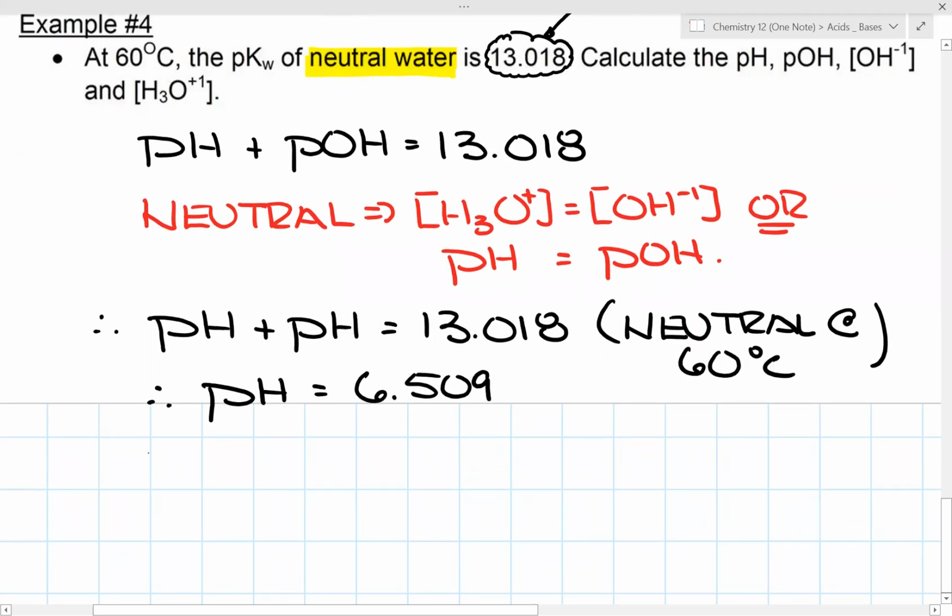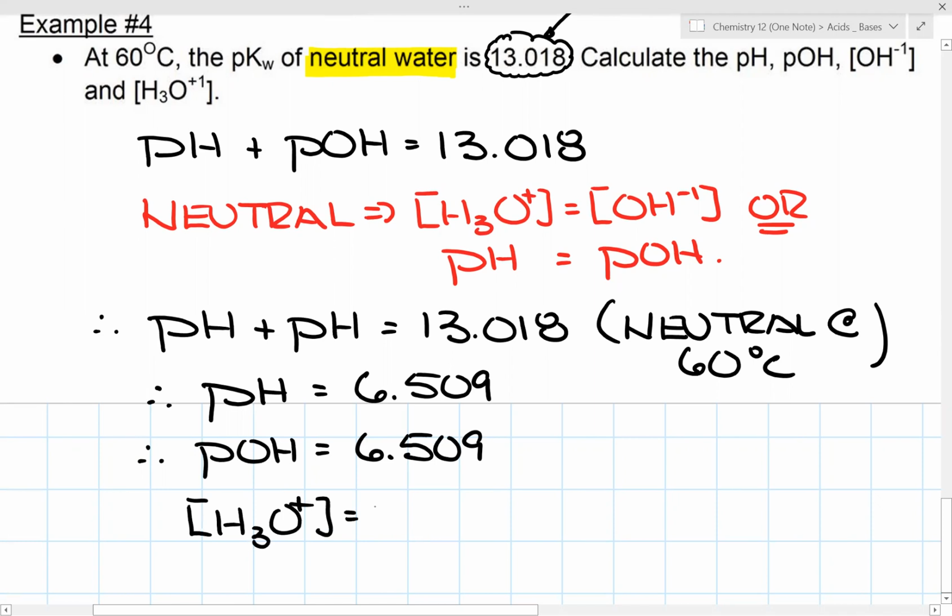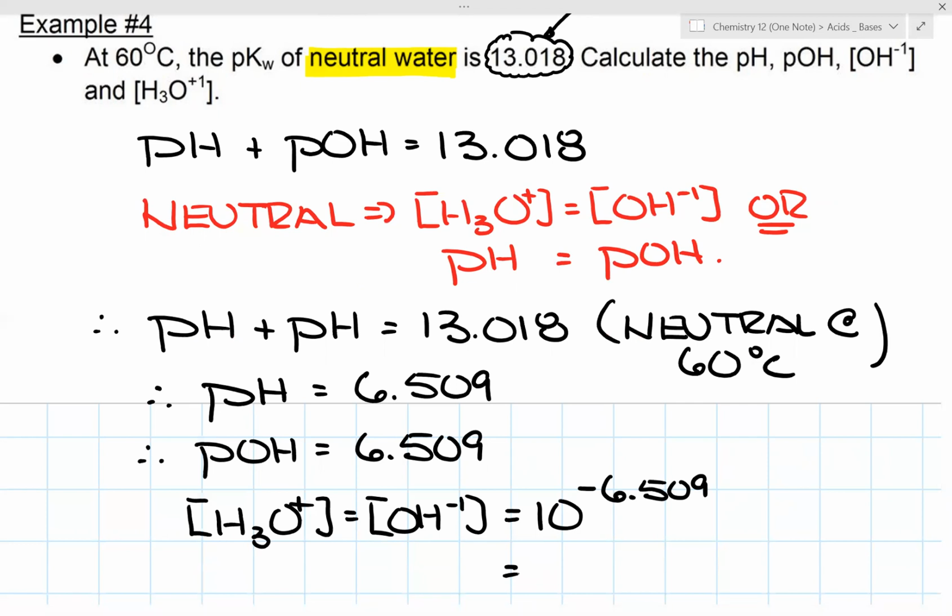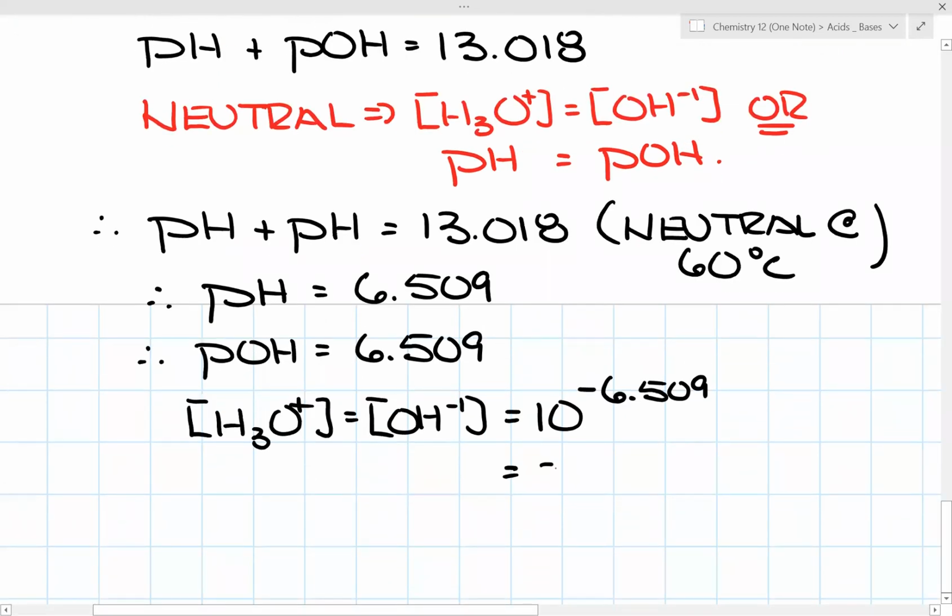And since it is neutral, therefore, pOH is equal to 6.509. And then the concentration of H3O⁺ is equal to the concentration of OH⁻, which is equal to 10 to the negative 6.509, which is equal to 3.10 times 10 to the negative 7.